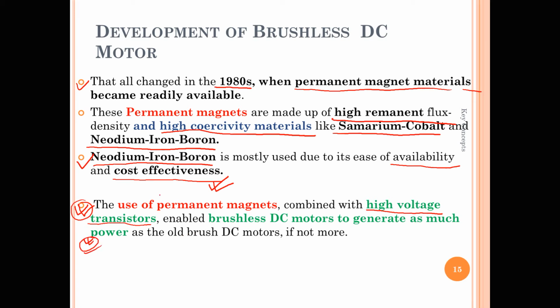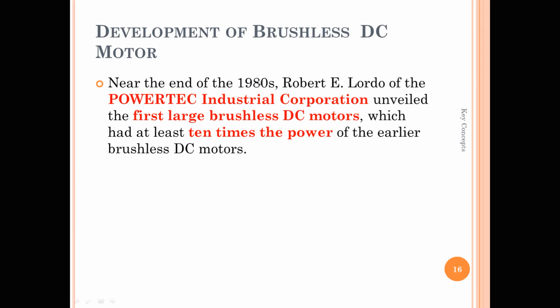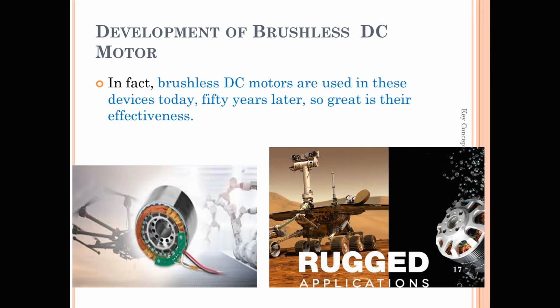So these two developments provided a good acceleration to BLDC motor development. Then, in the 1980s, one of the biggest BLDC motors was manufactured, with 10 times greater power than the earlier brushless direct current motor, due to these further developments.